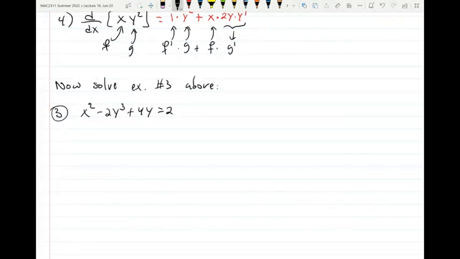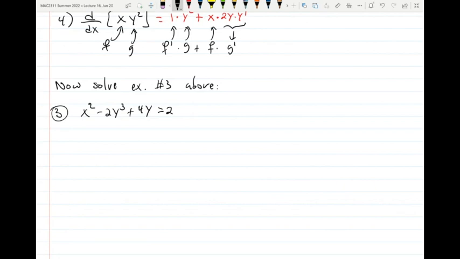Okay, so here is the idea. How do we use these techniques or these ideas that we have explored now to find y prime? Well, it's an equation, meaning the left-hand side equals the right-hand side, right? If we find the derivative of the left, that has to be the same as the derivative of the right. If the two things are equal, the derivatives better be the same. Do you understand? So that's what you do.